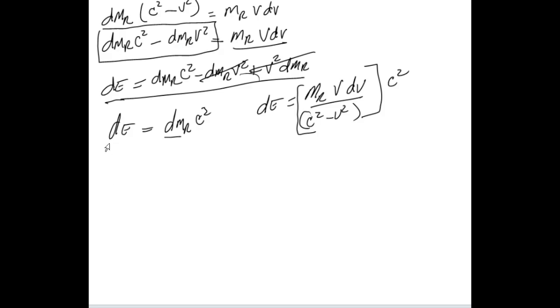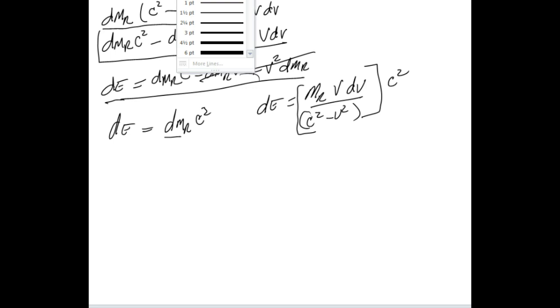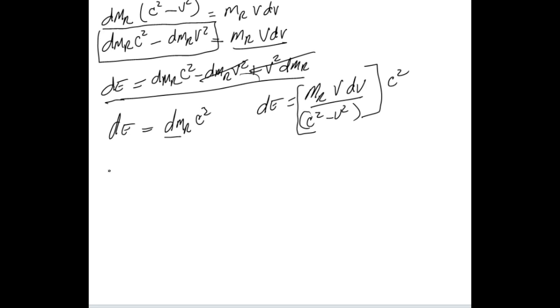So what I want to do now is rewrite this equation a little better than what it is, so it can be handled a little more. It'll be more manageable.